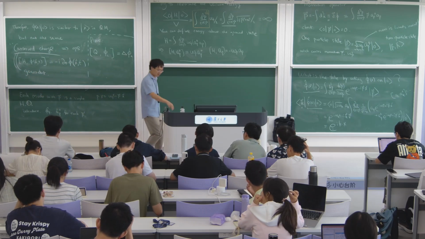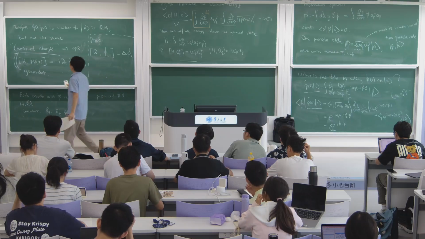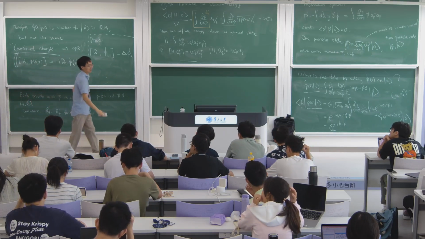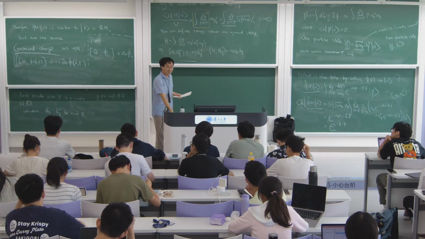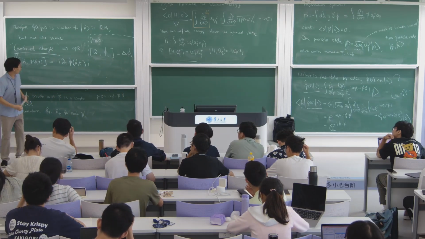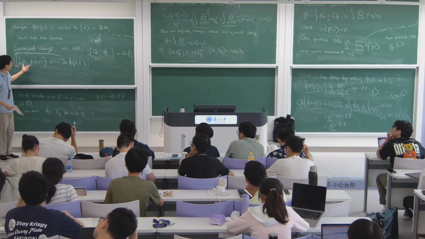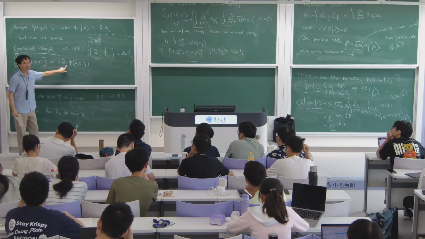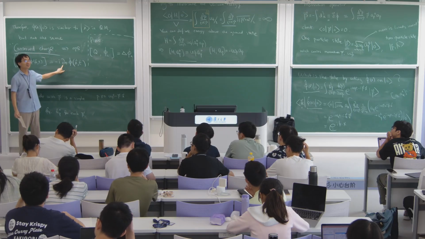So another way to see why this is a generator is to make this equation more concrete. First of all, this equation is about some operators, and there is a differential partial t. So it means this is a differential equation.